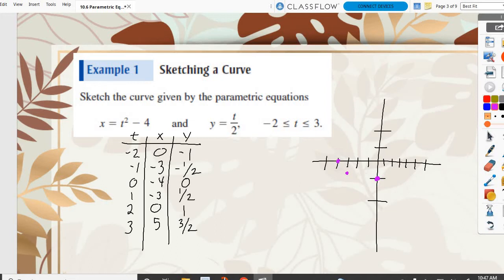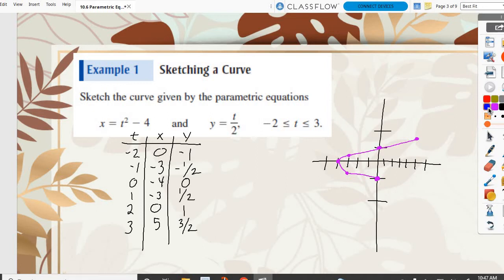And then 0, 1. And 5, 1.5. So what do we get? An oblique parabola. It's like a sideways parabola.